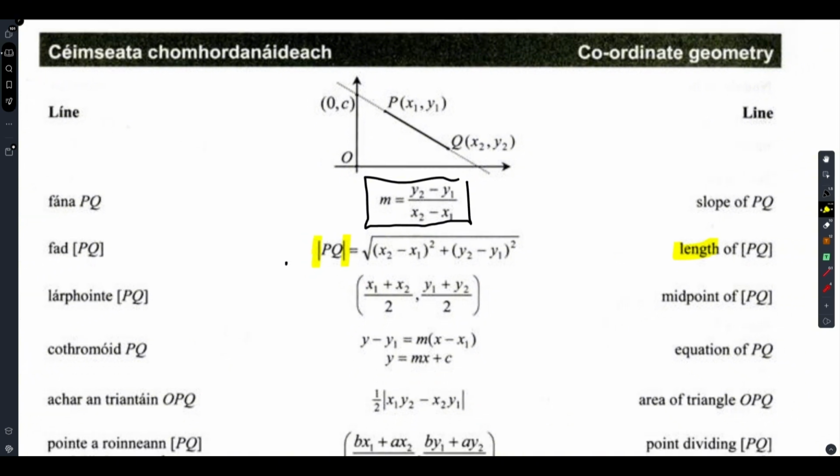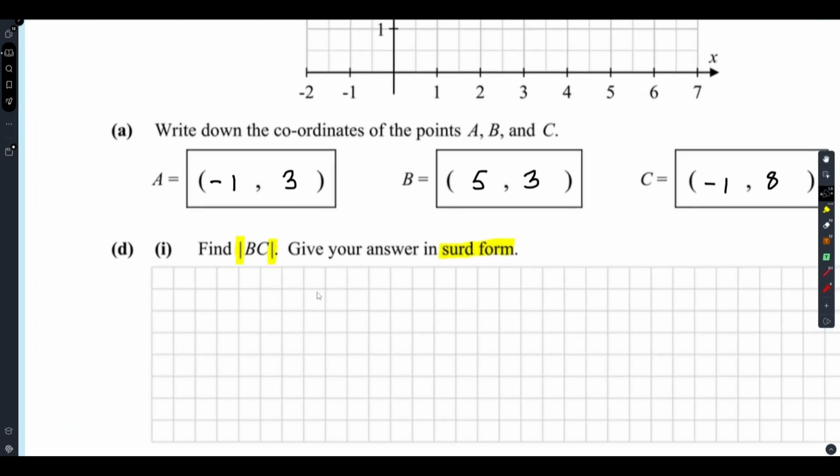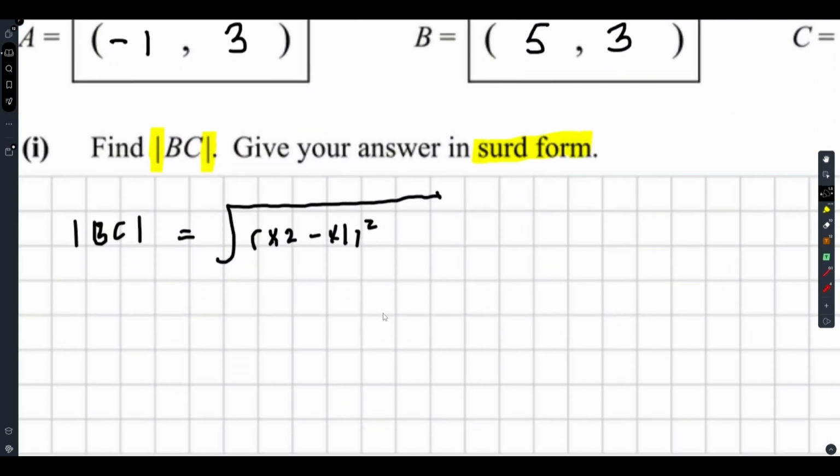Okay, so again, very similar to the slope, the first thing we do is we write out the formula. So the distance between 2 points, B and C, is going to be given by the square root of x2 minus x1 to be squared, let me zoom in, plus y2 minus y1 to be squared.